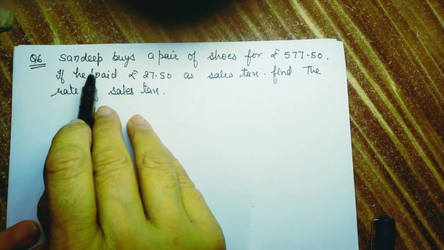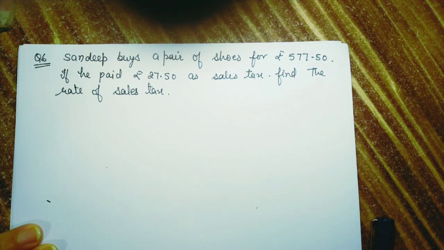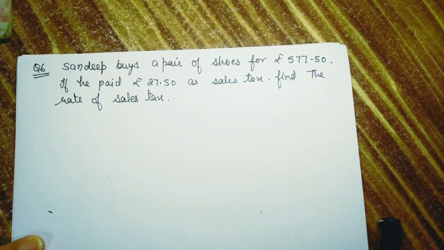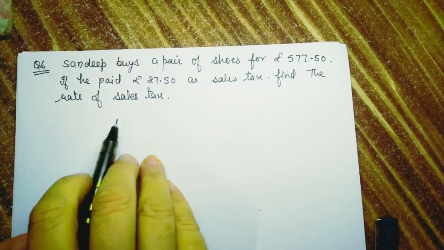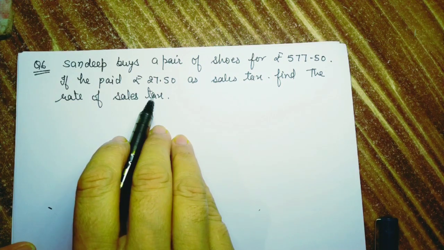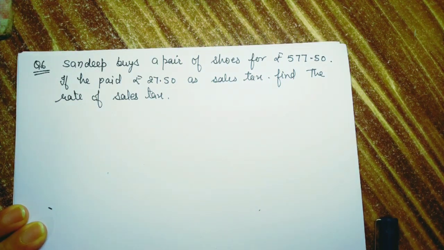Okay, students. Now then, question number 6. In question number 6, they have given Sandeep buys a pair of shoes for rupees 577.50. If he paid rupees 27.50 as sale tax, find the rate of sale tax. So students, here they have given the selling price of shoes.